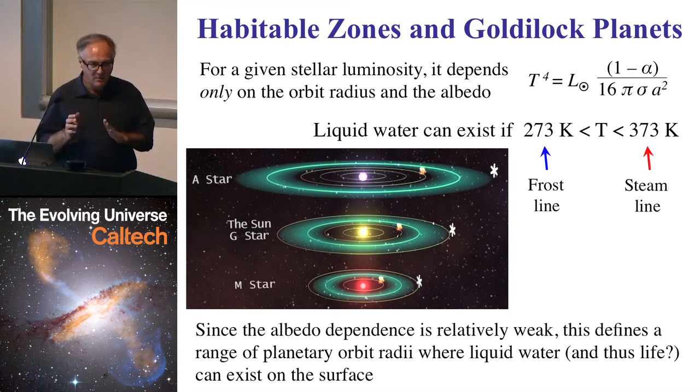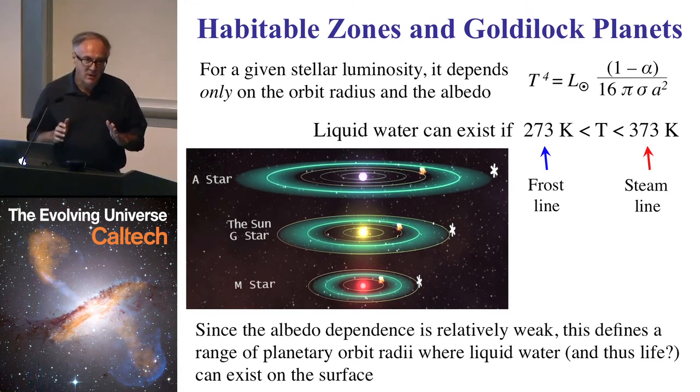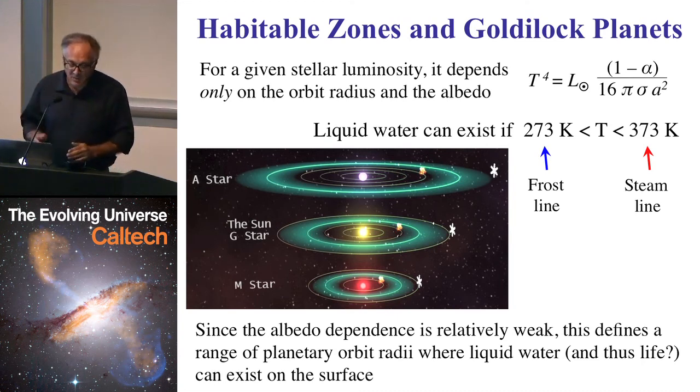On the hot end, where water boils, it's called the steam line. And so if you require liquid water on the surface of your world, say, it's a good thing to have for life. It's hard to maintain life in boiling water or in ice. That defines a belt within which you could have life. So planets in that regime would, in principle, be able to develop life.